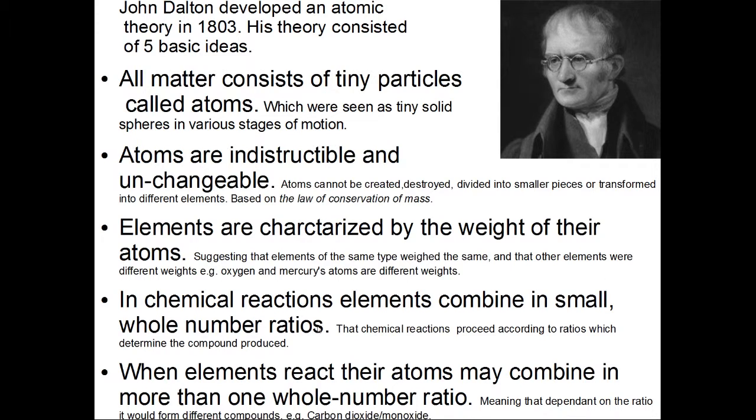Chemical elements combine in small whole ratios to make stuff, like 1 oxygen atom with 1 oxygen atom equals O2, which is what we breathe. And when elements combine in more than one whole number ratio, like carbon dioxide and carbon monoxide, with different numbers of oxygen atoms, it forms different compounds.